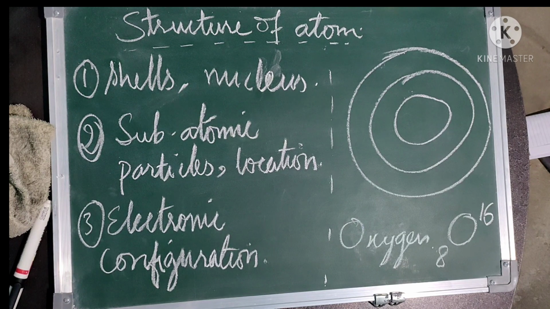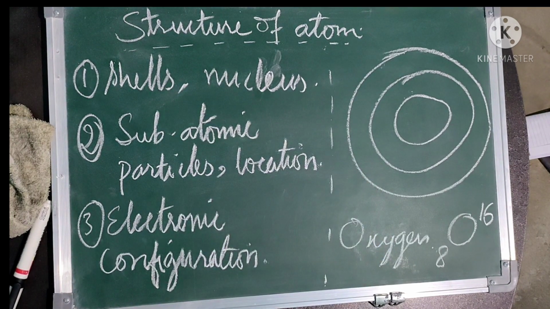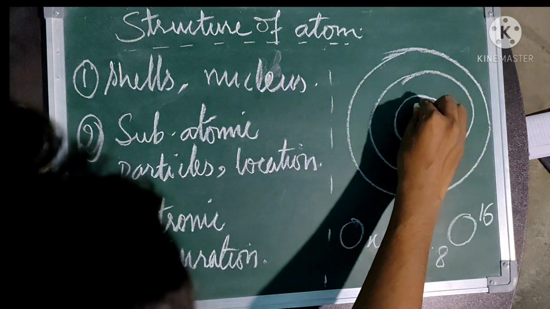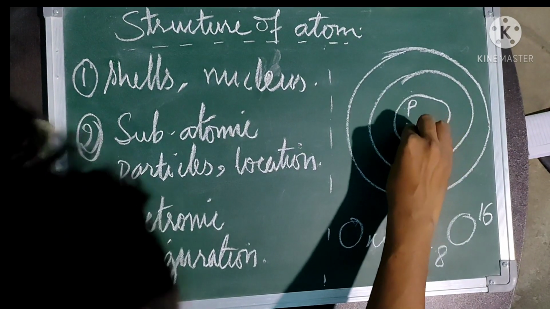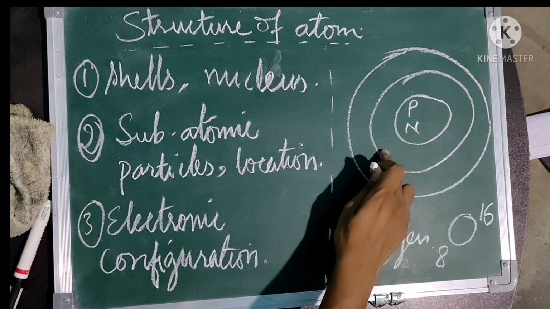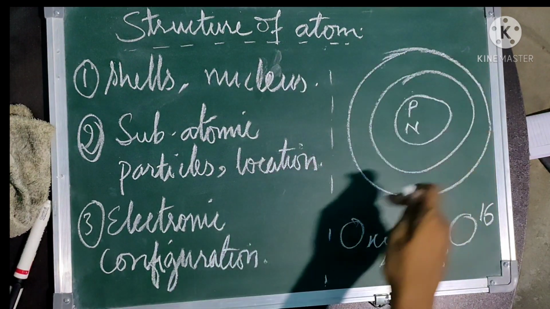So what do these shells represent? The shells contain the electrons revolving around the nucleus. This is the nucleus which contains protons and neutrons, and the shells contain electrons revolving around the nucleus.